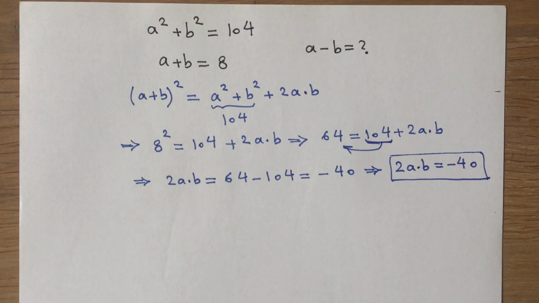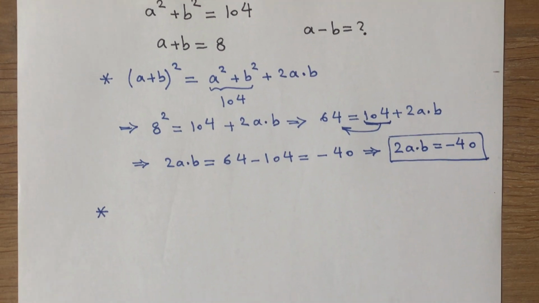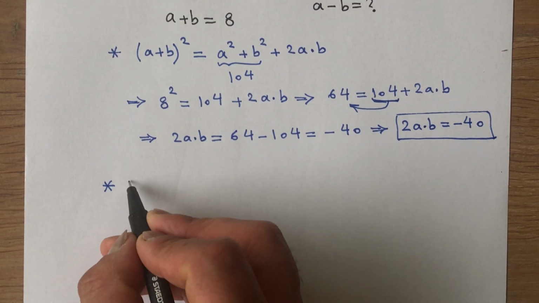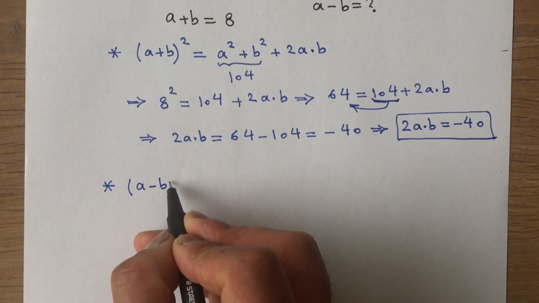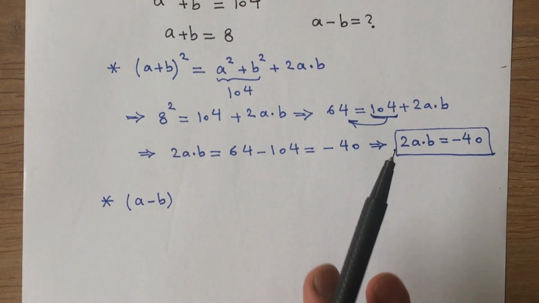The first algebraic identity I used was this one, and now I use another algebraic formula. That one is a minus b, because we need to find a minus b here.